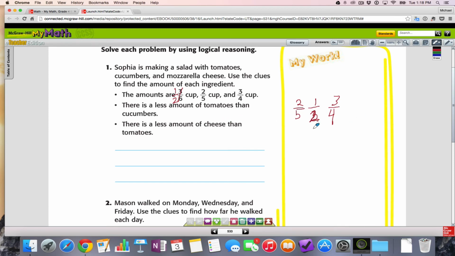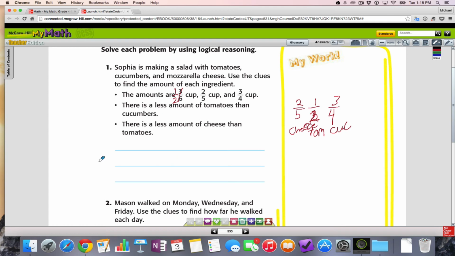So tomatoes is going to be our 1/2 cup in the middle. I'll just put TOM. And there's a less amount of cheese than tomatoes, so our cheese would be the bottom one, which is 2/5, and 3/4 would mean that that's our cucumbers.